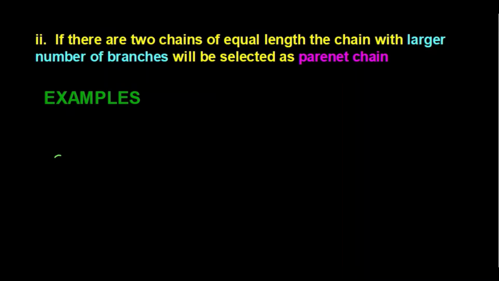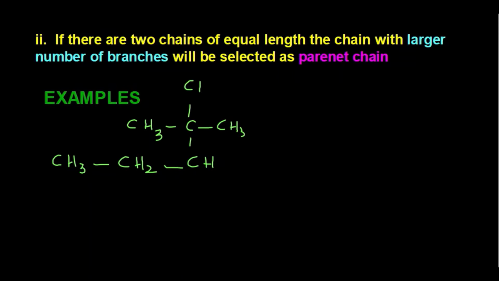If we have a molecule like this, we have CH3, CH2, CH, CH3, CH3, CH3, CH2, CH2, CH3.